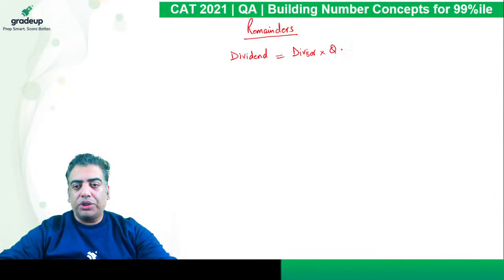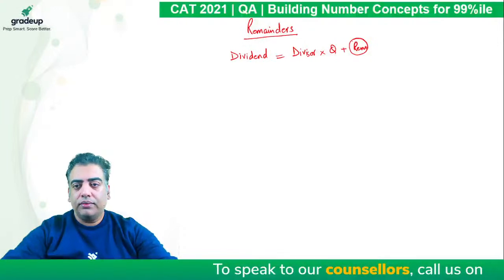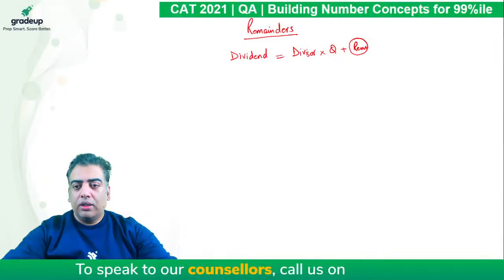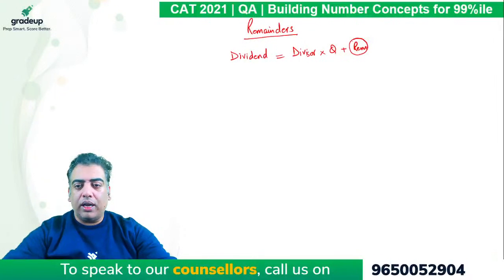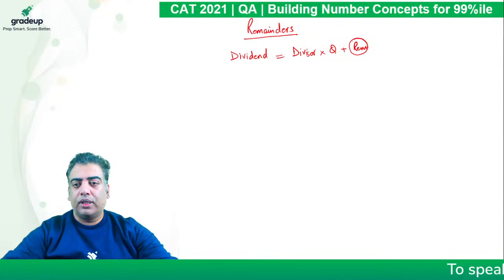We get some quotient and a remainder. So our focus will be on finding a remainder, right? So students who anyhow have not gone through the concept of divisibility rules, kindly go through that video of mine so that we all are on the same page, right?